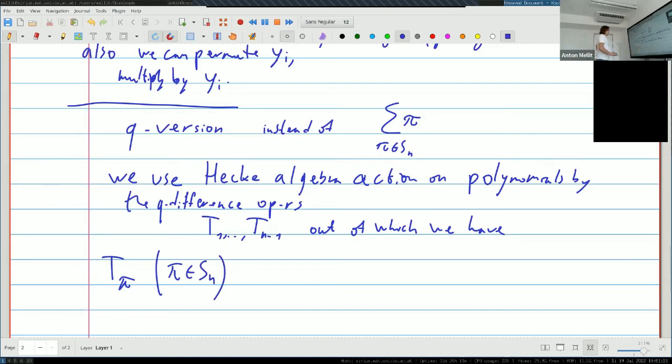And then it makes sense to write the sum over all permutations of these operators. And in this story, instead of Schur functions, we obtain, for instance, Hall-Littlewood polynomials.